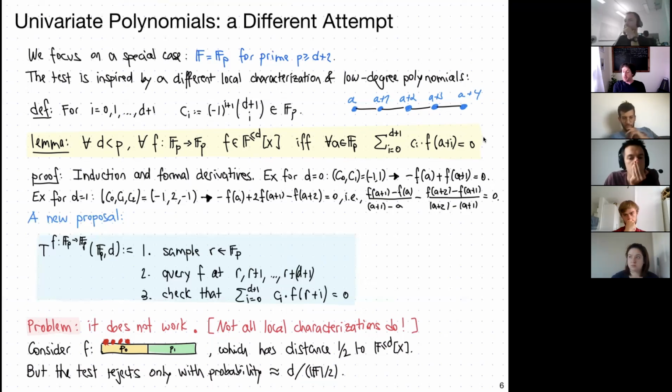By the way, if anyone has a better counterexample, I see something in the chat, I would very much like to hear about it. But this shows us for now that the test cannot work. And this is something that happens quite a lot in research, right? We have an idea, it looks nice, especially, I can imagine how this test came to be.